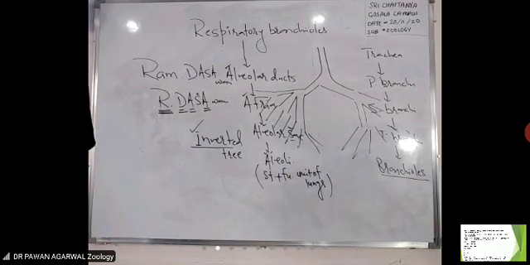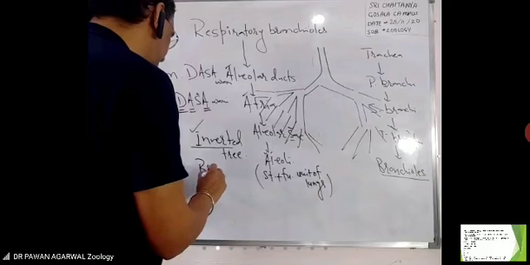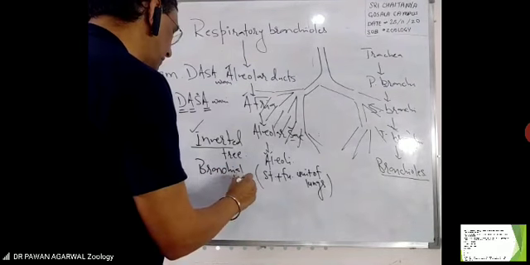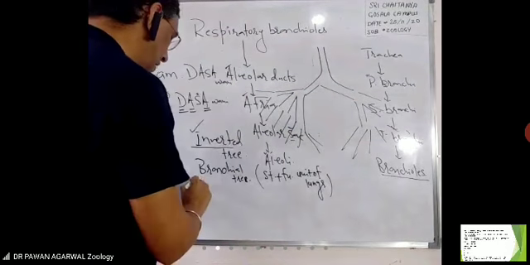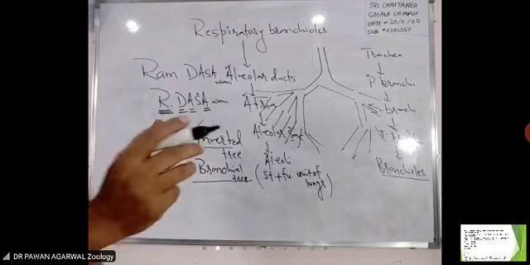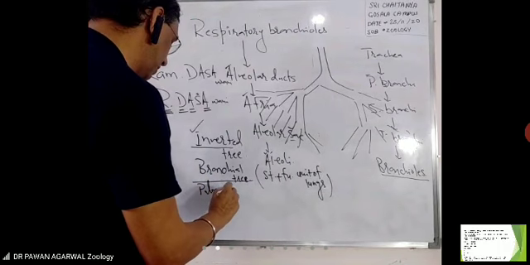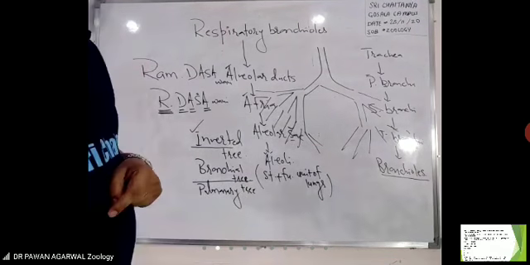That's why it is also known as the bronchial tree, because it starts from the trachea and the bronchi. It is known as the pulmonary tree because it is present in the lungs.